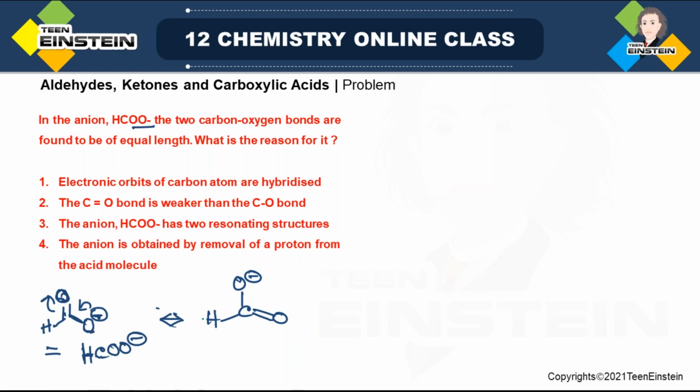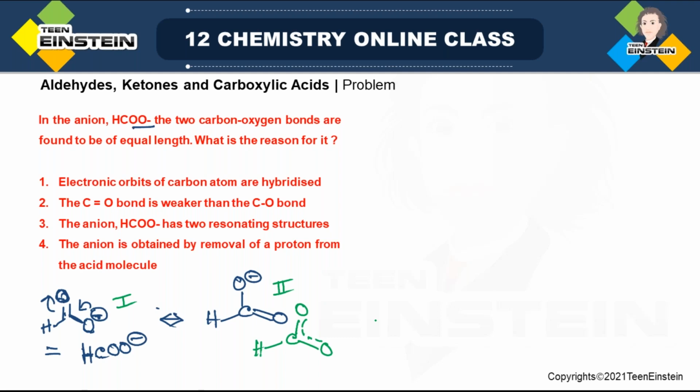You can check that slide also. So HC, I will write a single bond and then I will use a dotted line, because this is one structure, this is the second resonance structure. So this is the average of these two, because sometimes it will remain in one form, sometimes in the other form.